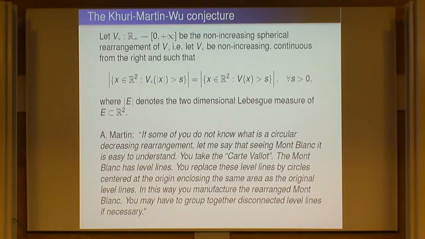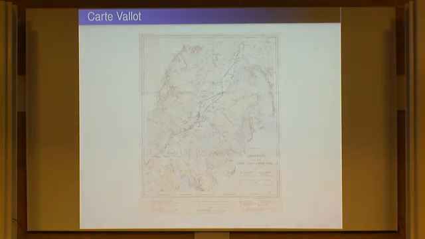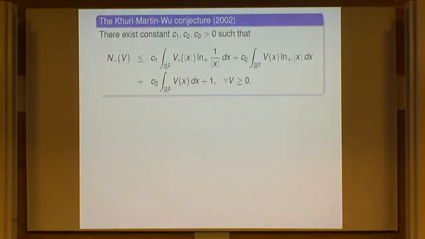When I read that, I realized that the only word I didn't know the meaning of was this. Apparently this is the map that was the first to map the vicinity of Mont Blanc. So here it is, if you are as ignorant as I am. Anyway, their conjecture was this.